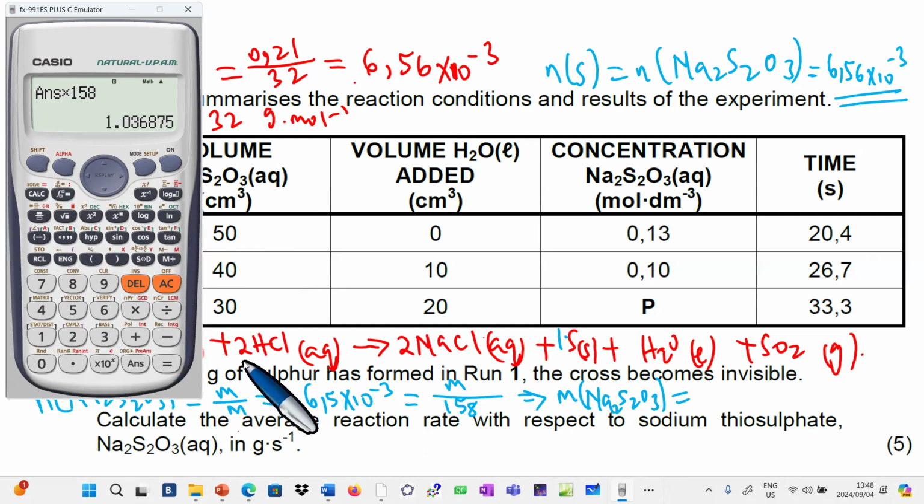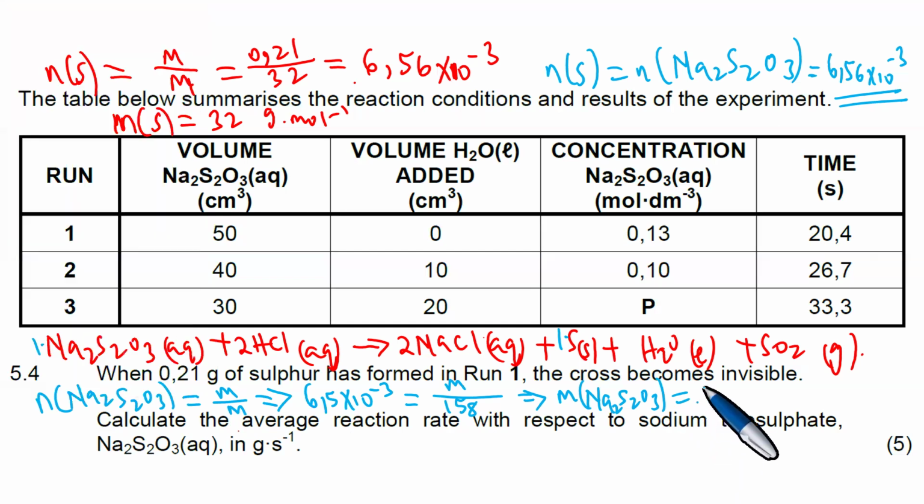Yes, it's 1.04, the accurate answer. So the mass of the sodium thiosulfate is 1.04 grams.